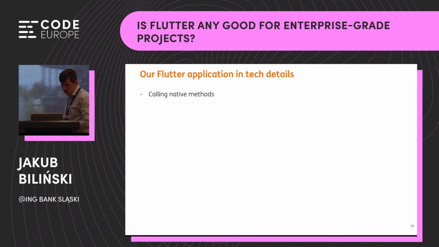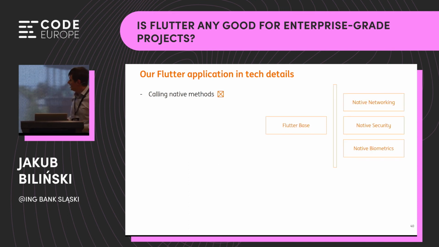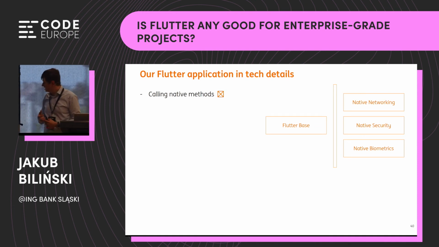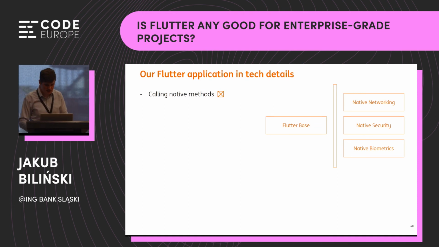Okay, but let's get to the details about our application and that it works. Like I said, calling native methods. From the Flutter, we use native libraries for networking, security, biometrics.